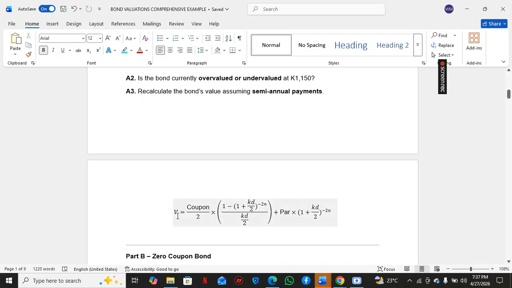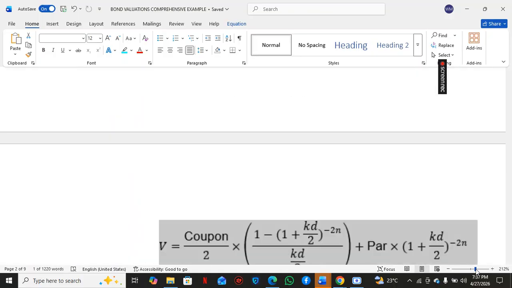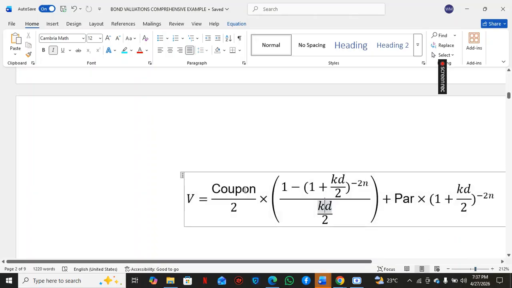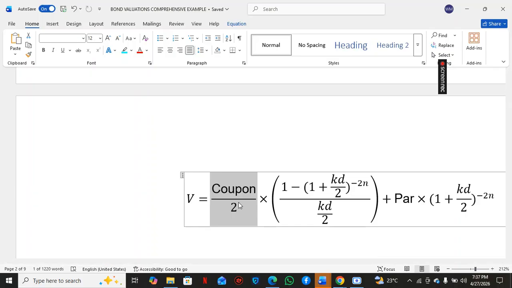So have you seen how the formula changes here? When it's semi-annual, remember n equals 2. The period of payment is twice.